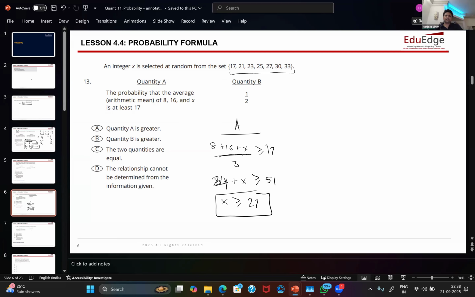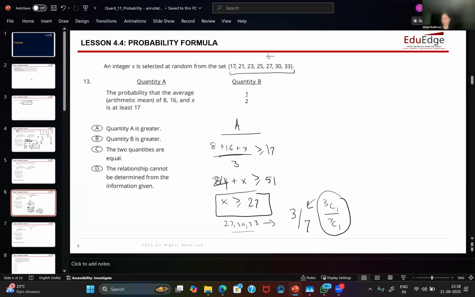So if you observe this set, it has 3 numbers, 27, 30, and 33. And hence the probability becomes 3 divided by 7. Total 7 numbers, and you select one of these 3. Basically, it's 3C1 divided by 7C1.